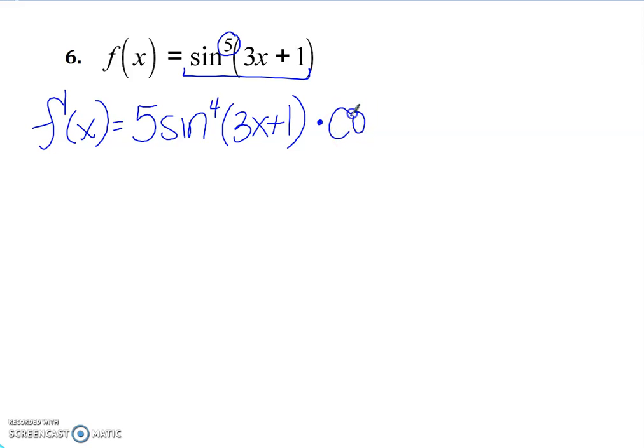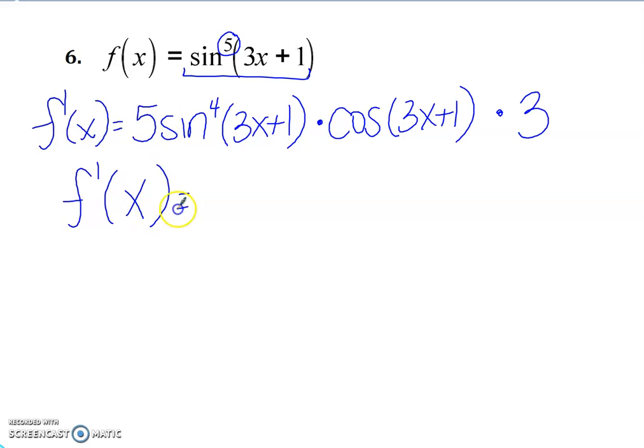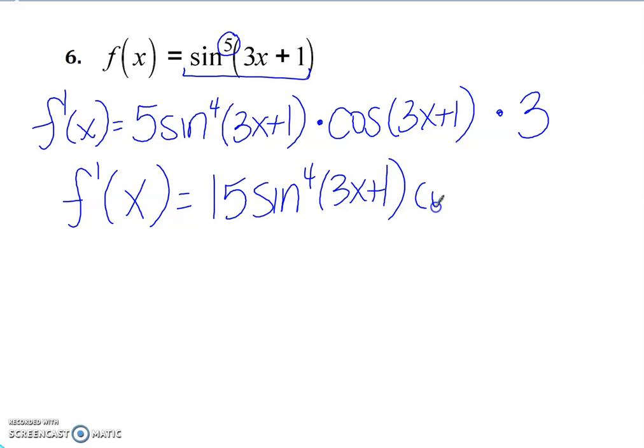Derivative of sine is cosine. I'm leaving that 3x plus 1 inside the trig function. My last piece to do is the 3x plus 1. The derivative of that is just 3. So simplifying this down, I get 15 sine to the 4th 3x plus 1 times cos 3x plus 1.